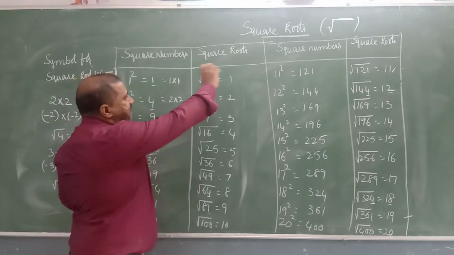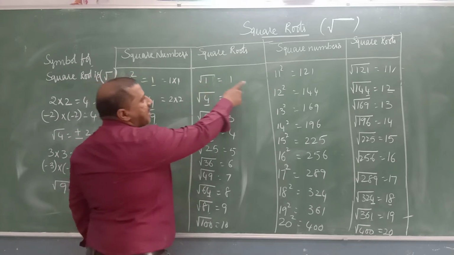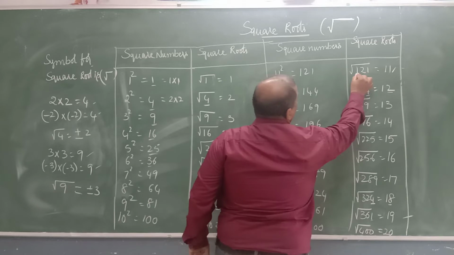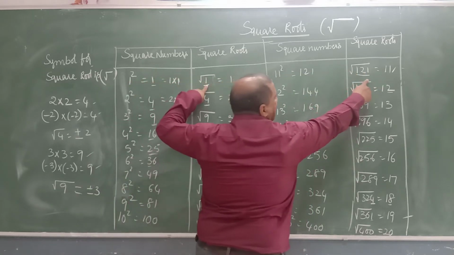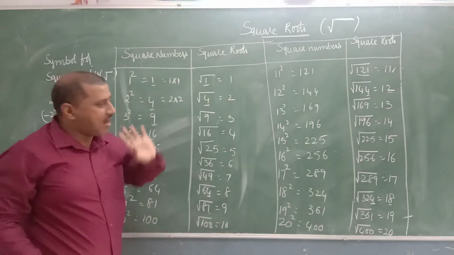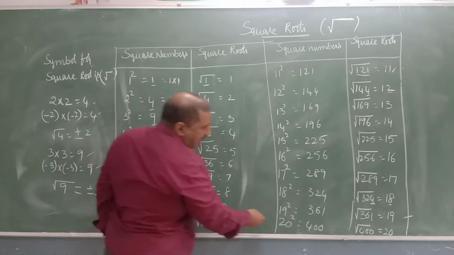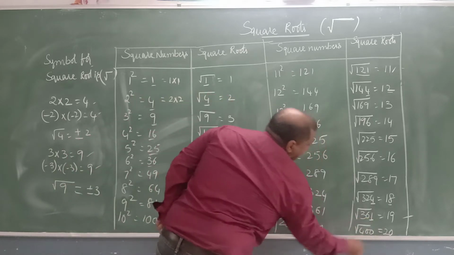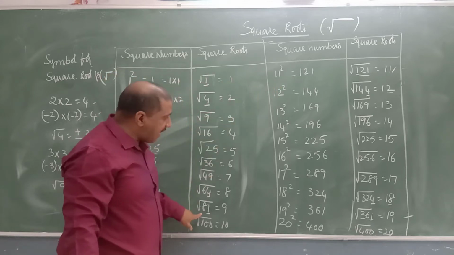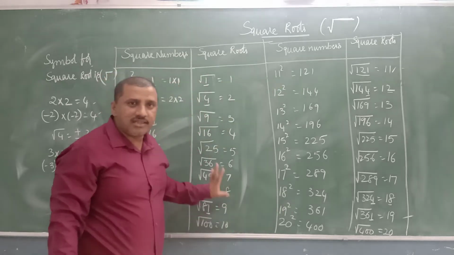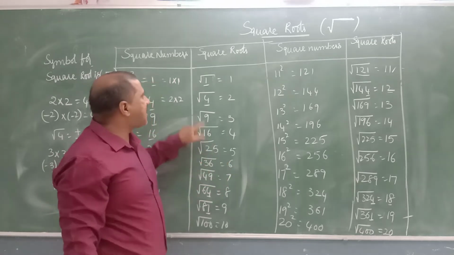If you observe the perfect square numbers 1, 121, 81 and 361, what is there in the units place? 1 is there in each. All these four numbers are perfect square numbers ending with the digit 1.